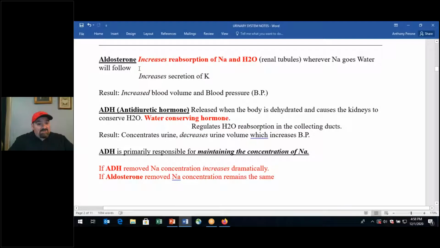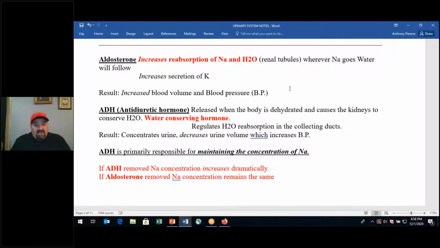These hormones here, aldosterone and antidiuretic hormone, okay? It's very important to realize that these have a very strong influence on what takes place as far as volume of fluid is concerned. And we talked about this: if we increase fluid volume within the body, then we'll increase blood volume.